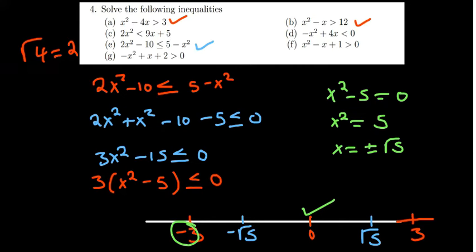So the middle part is our possible solution set. So negative root of 5 is less than or equal to x, and x is less than or equal to root of 5. Only the values in between the two, including themselves, are able to satisfy that inequality.